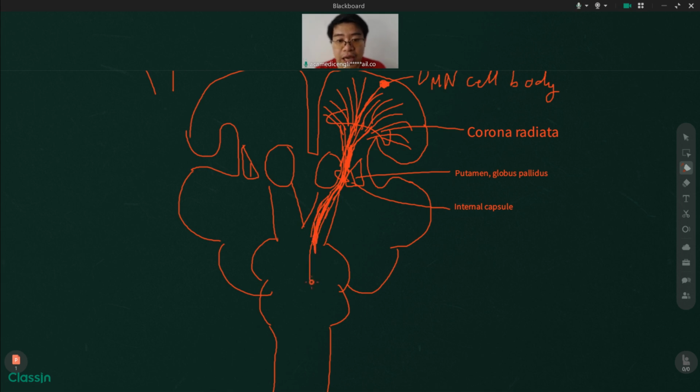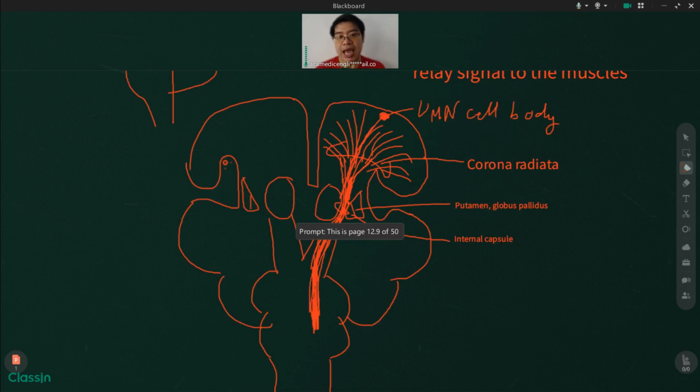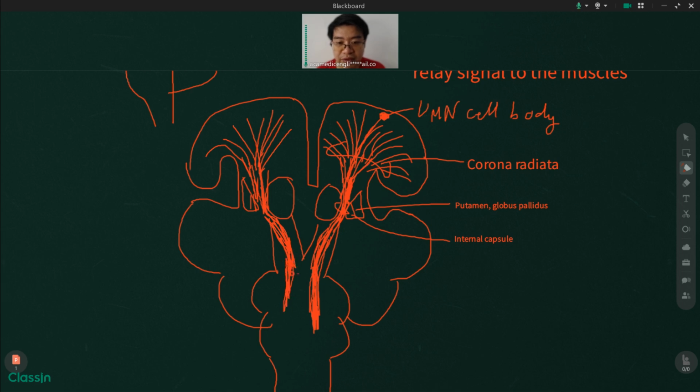Then it goes in the anterior surface of the pons, and then it goes down all the way to the medulla oblongata. And you can imagine neurons from this side also run like this. Corona radiata, then you got the internal capsule, then you got the cerebral peduncles, then you have the anterior surface of the pons all the way to the medulla.